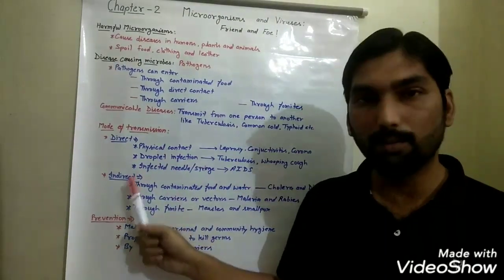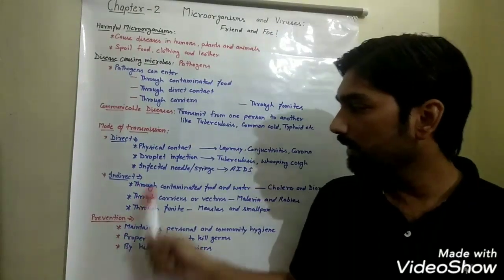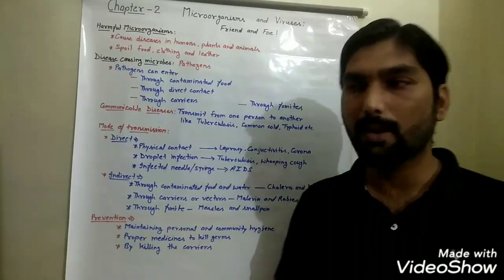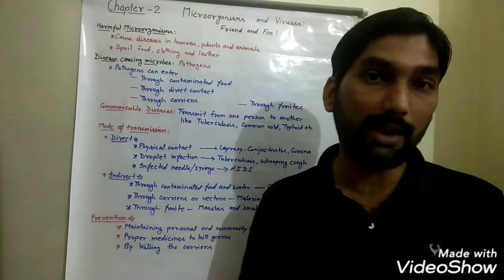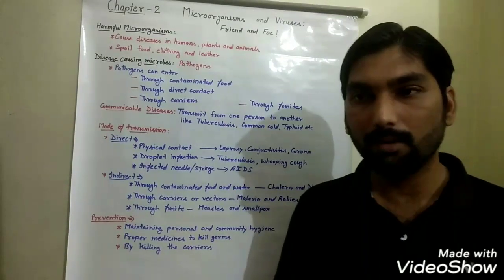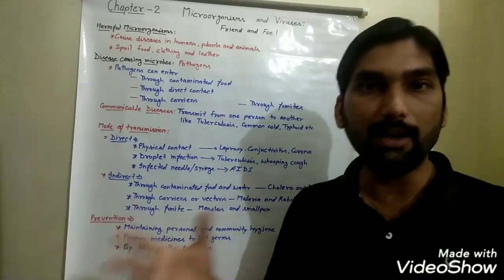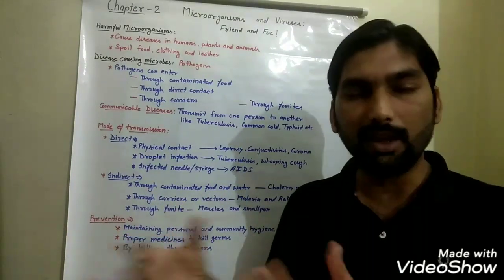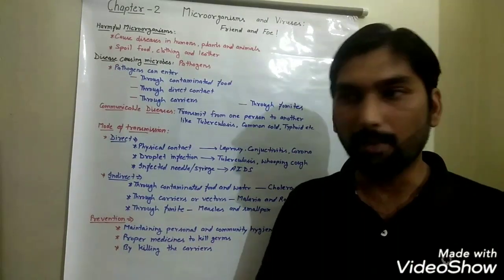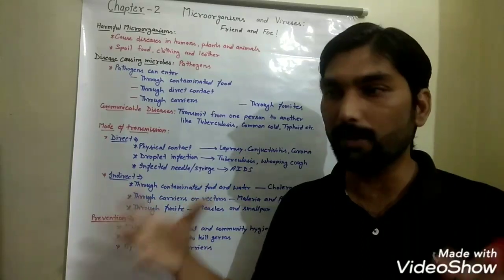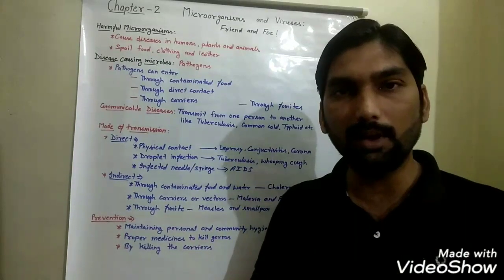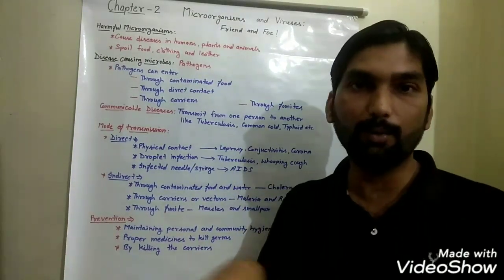So we will see the next mode, the indirect method, in which microbes can transmit through contaminated food and water. Students, you may have been advised at home by your elders, and sometimes teachers also advise you, not to buy food items from road vendors who keep their food materials open and not covered, because microbes are roaming here and there in the air, and when these microbes settle or come in contact with these food materials, they infect that food material.